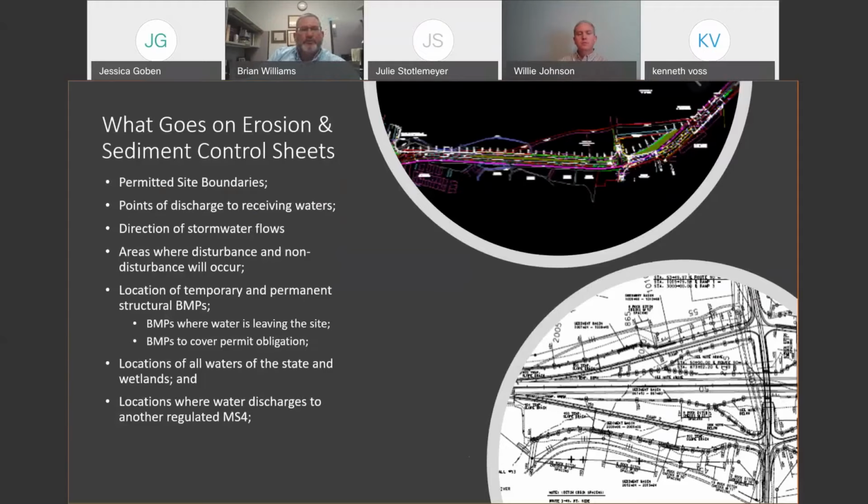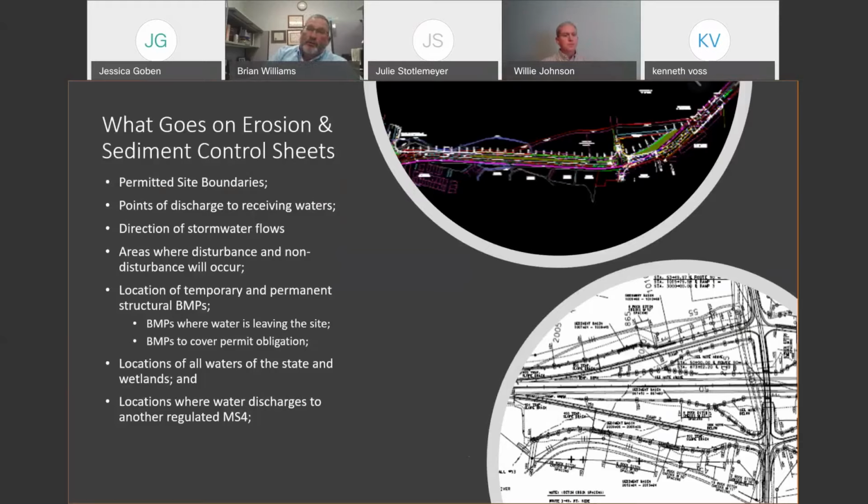It's also supposed to show points of discharge to receiving waters, directions of stormwater flows, areas where disturbance and non-disturbance will occur, locations of temporary and permanent structural BMPs, BMPs where water's leaving the job site, or BMPs to cover for the permit obligation, locations of all waters of the state and wetlands, and locations where water discharges to another regulated MS4 community.